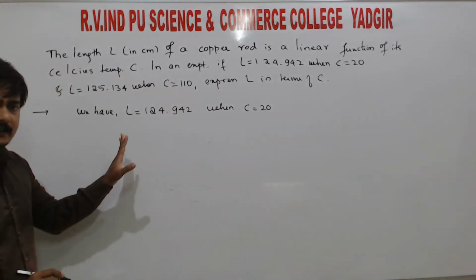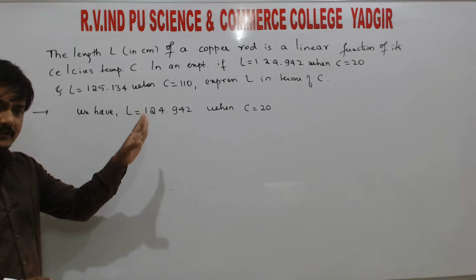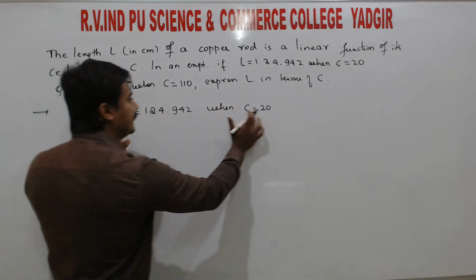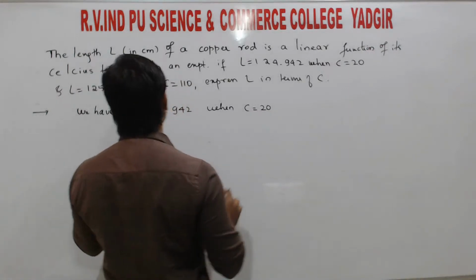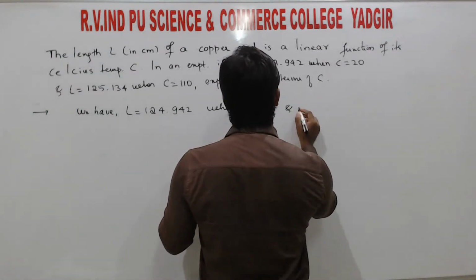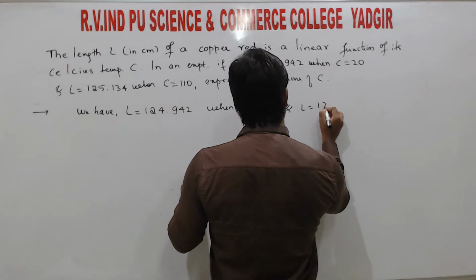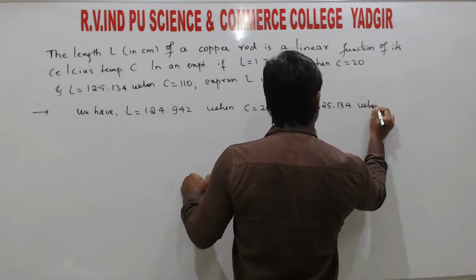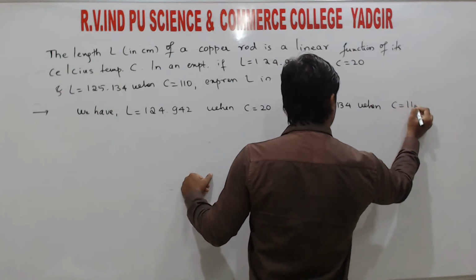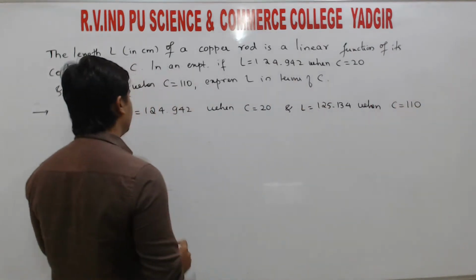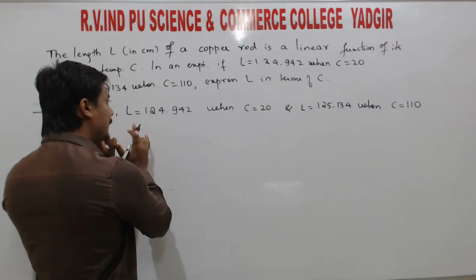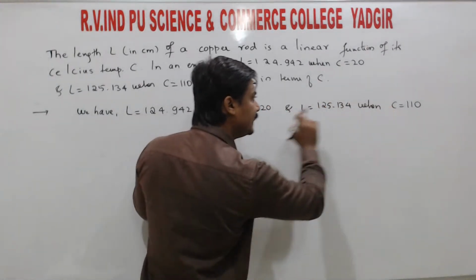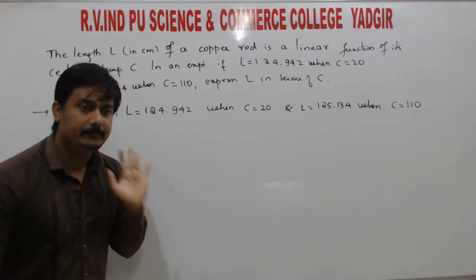This is the given data. First I am collecting the information given in the question. L value is given when C equals 20, and L equals 125.134 when C equals 110. So now I need to establish a relation between L and C using this given data.